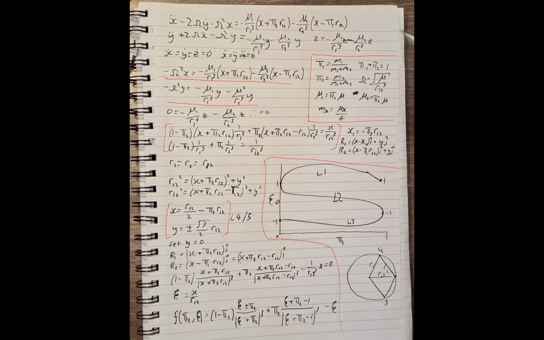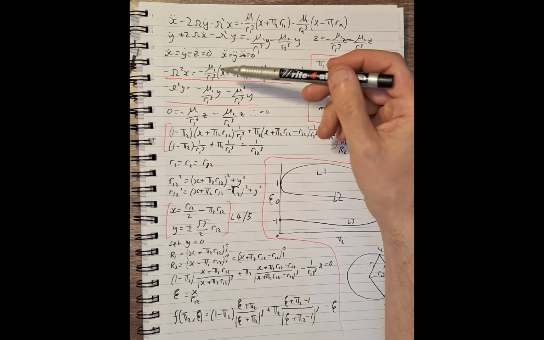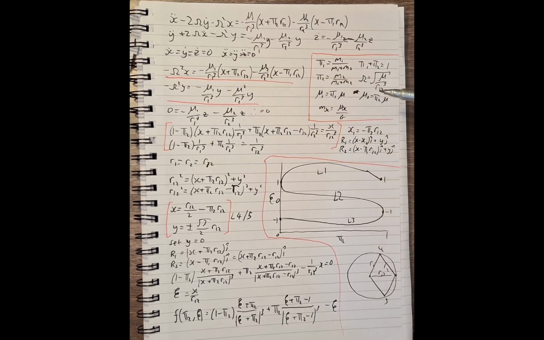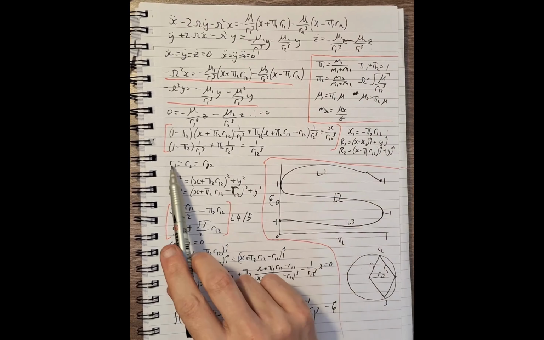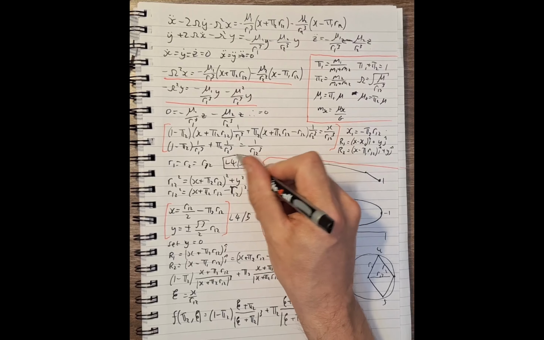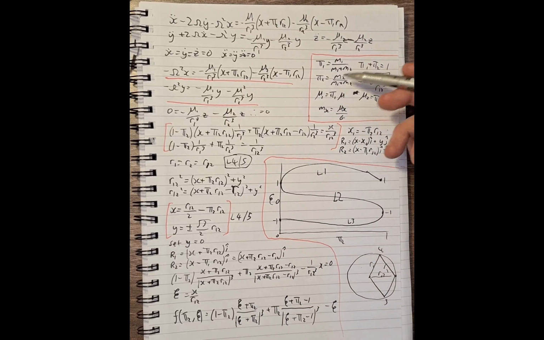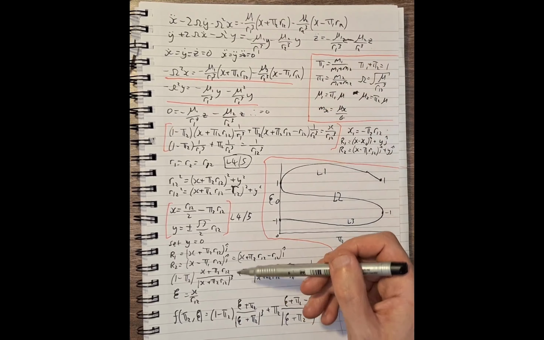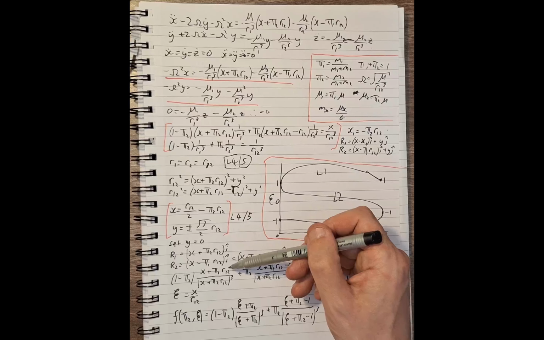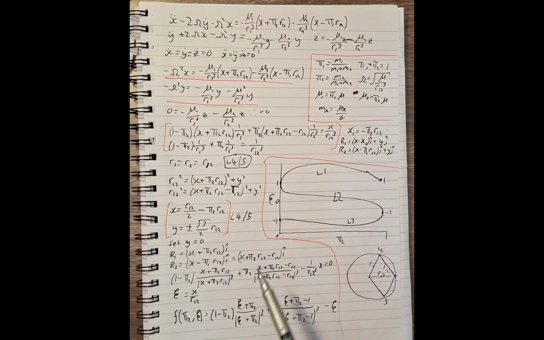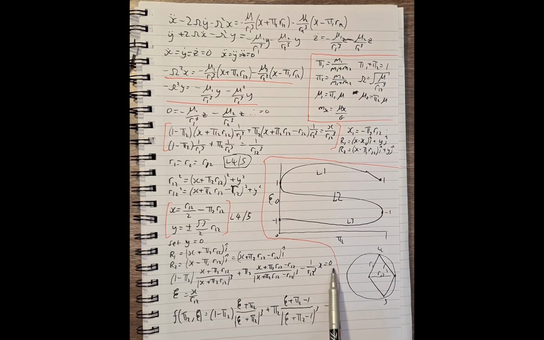This angular momentum is getting replaced by this, and this R1 is being replaced by, we won't be using this one. This only applies to L4 and 5. When you use all these components to simplify and you use these definitions of R1 and R2, this is what comes out, and it equals 0.